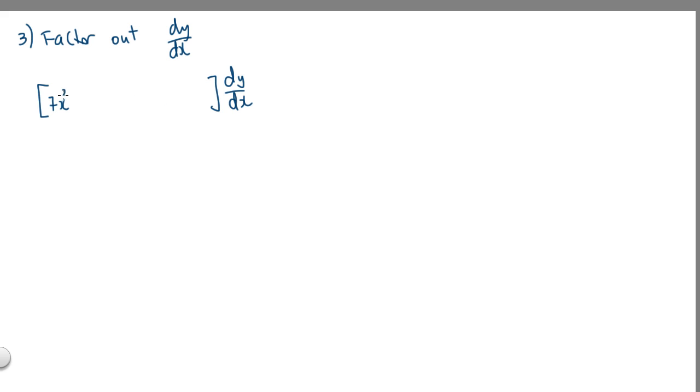We had a 7x squared, and we had a plus 6y times y squared plus x all squared. Okay, so those were our 2 terms on the left. And over on the right side, we had a 5x to the 4th minus 14xy. We had a minus 3 times that square term.